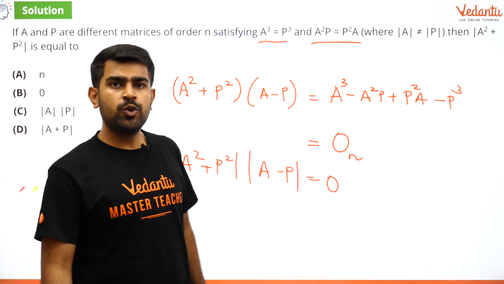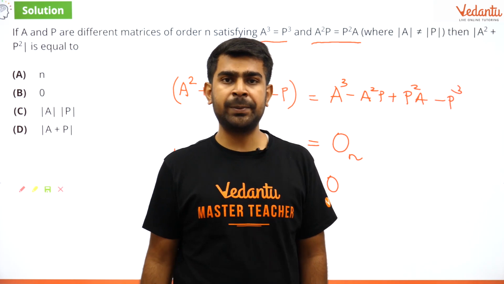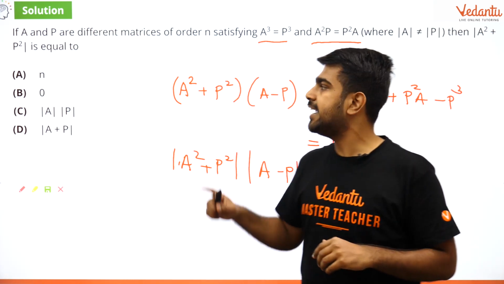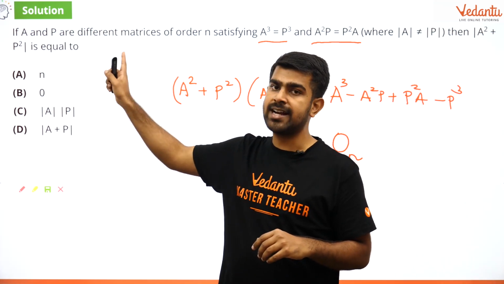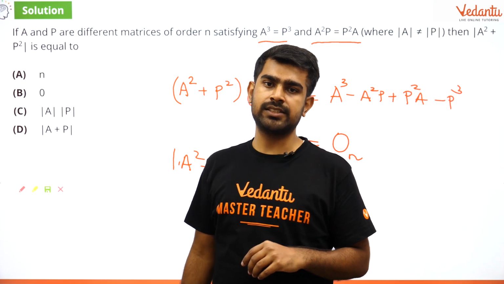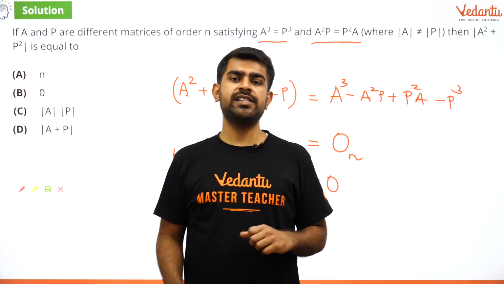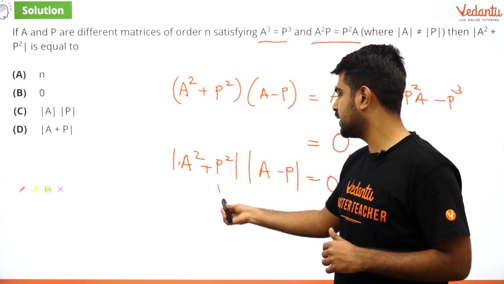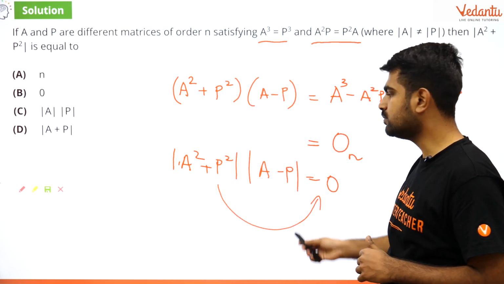But guys, do we know something about determinant of A minus B? Determinant of A minus B can never be 0 because A and B are different matrices. So that cannot be 0. Therefore, we can say this one has to be 0.